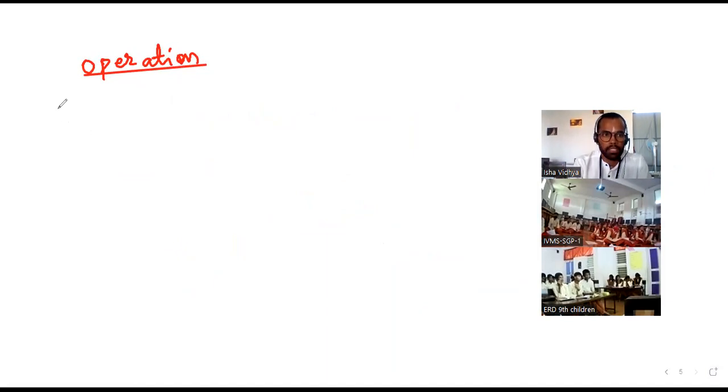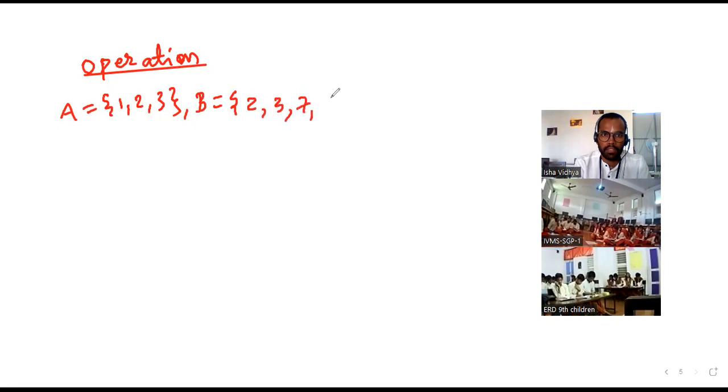So for example, set A is there, which is 1, 2, 3, and set B is also there, which is 2, 3, 7, 9. Here, if you want to write them together, it is not a kind of addition. It is known as writing together.